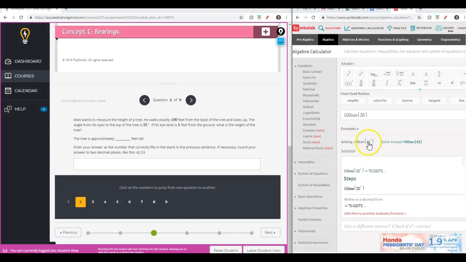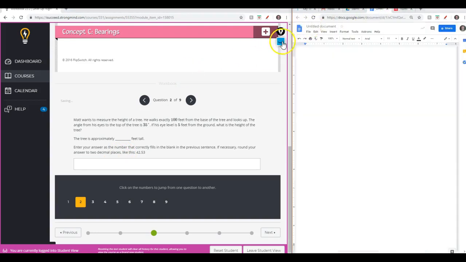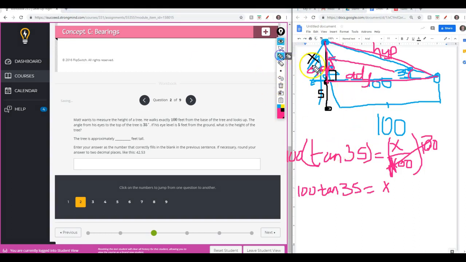That's exactly what we wanted. So it comes out to be 70.02. It does say to round your answer to 2 decimal places. So we have 70. Timeout. We do not have 70. That is just the value of x. That is 70.02.